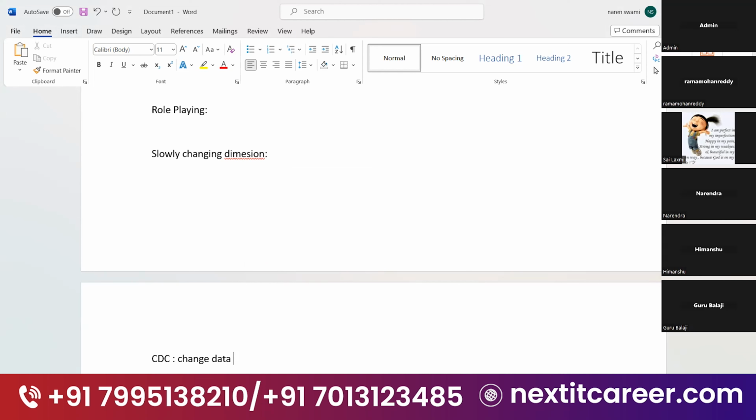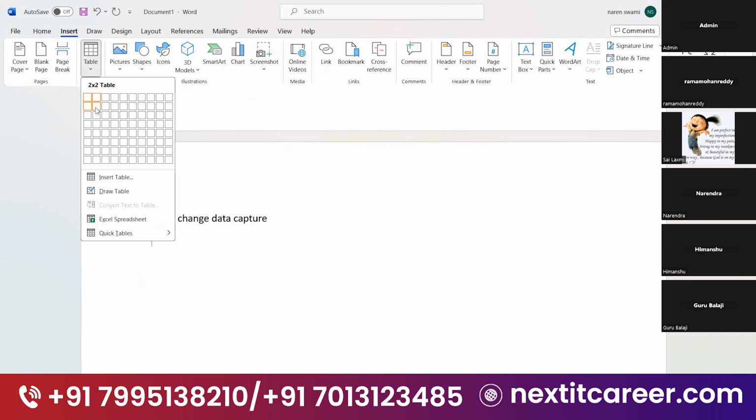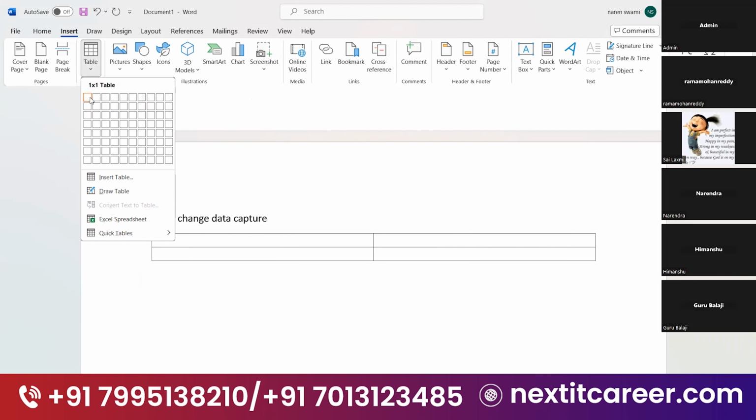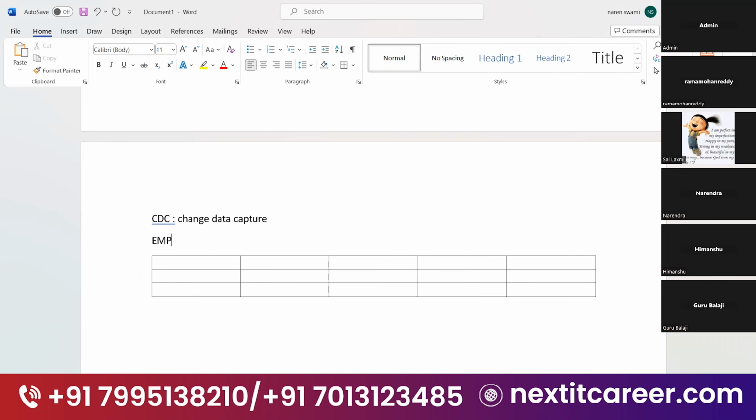Change data capture. What is change data capture? Suppose you take an example of an employee table, and assume that this is a dim employee.